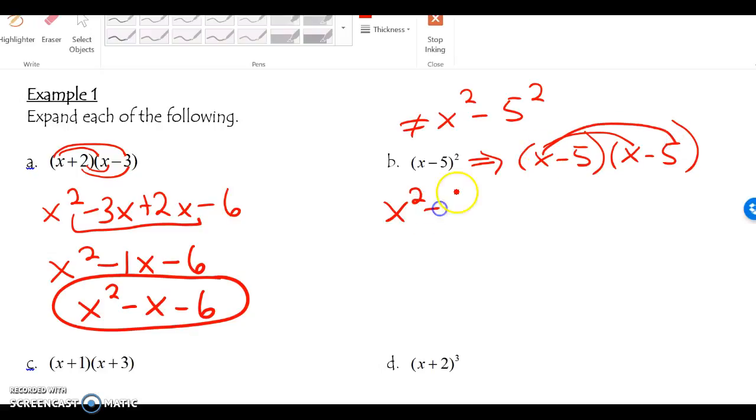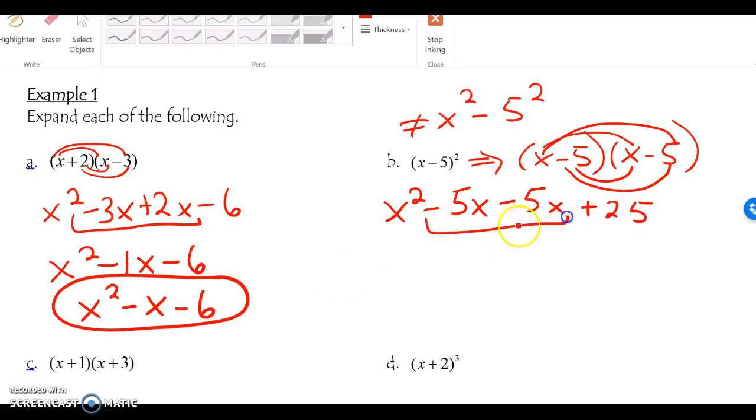That will give us a minus 5x. Another minus 5x. And that'll give us a plus 25. We combine our like terms, and we get x squared minus 10x plus 25.